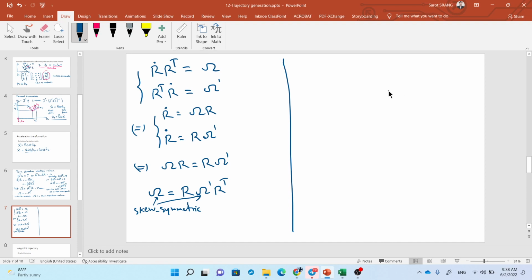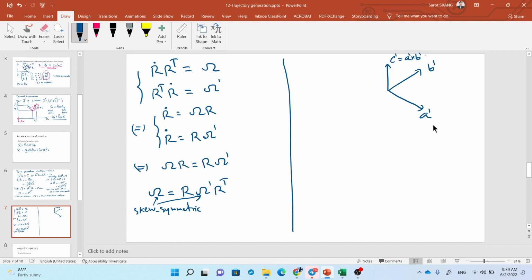Let me give you the relationship for A cross B. We have A here, we will have B here. So C equal to A cross B. I can write C prime, A prime, B prime.